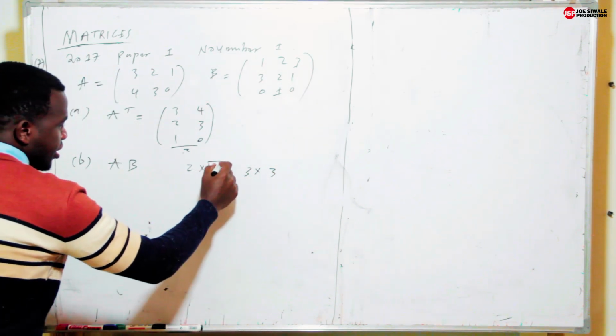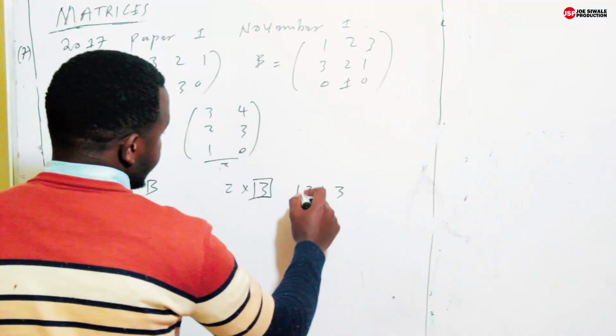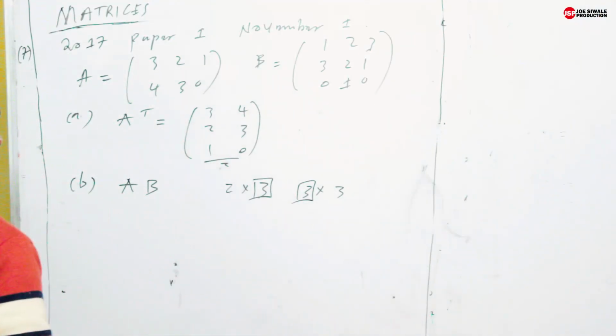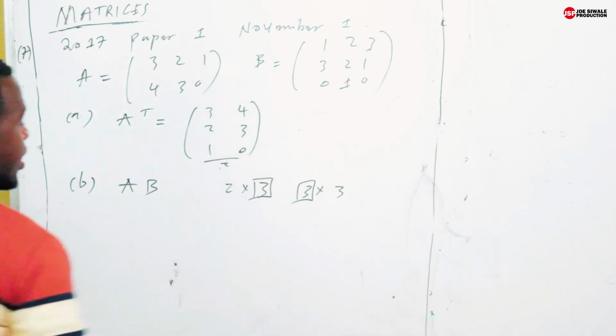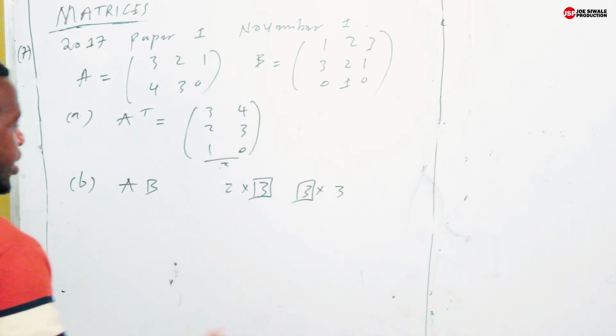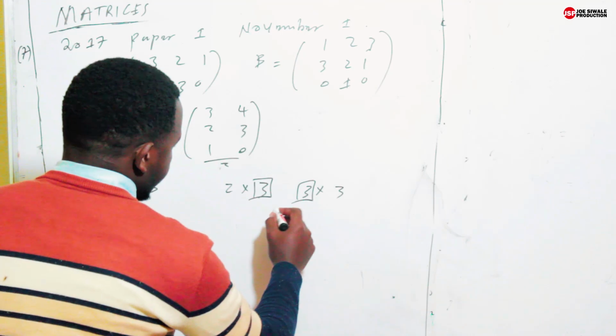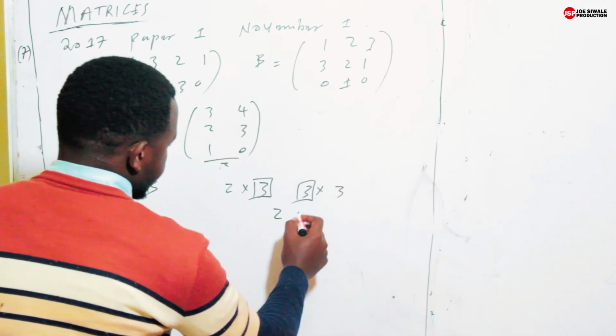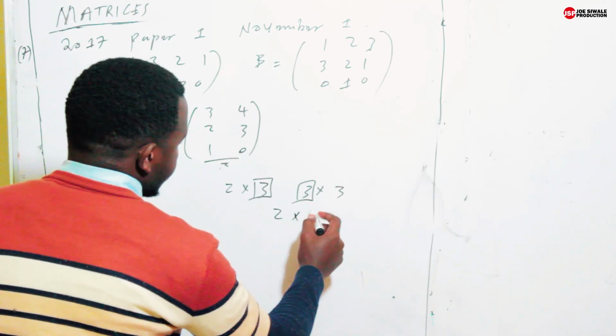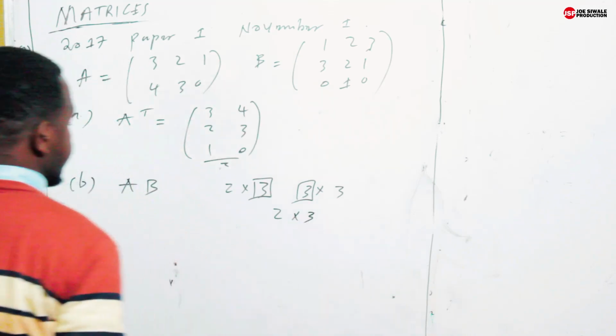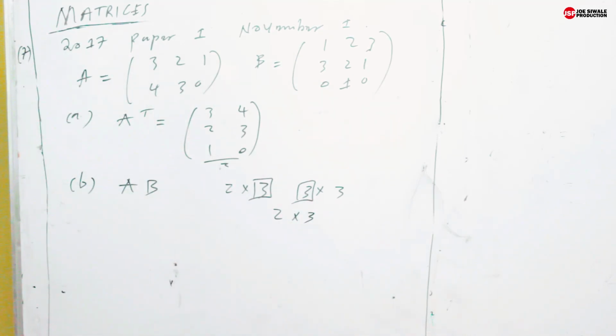So as you can see, the number of columns in the first matrix is equal to the number of rows in the second matrix. That means that we can multiply these two matrices, and the product that we're going to have is going to be 2 rows and 3 columns. That's going to be our product.